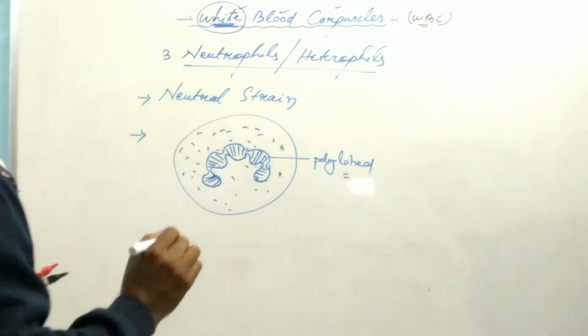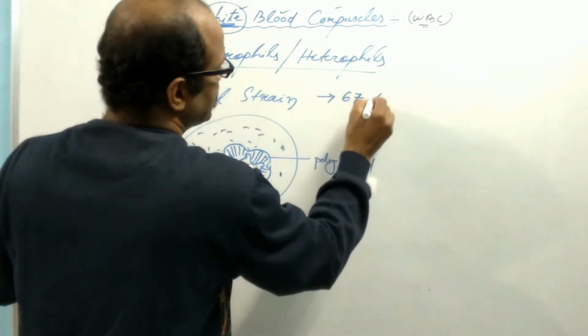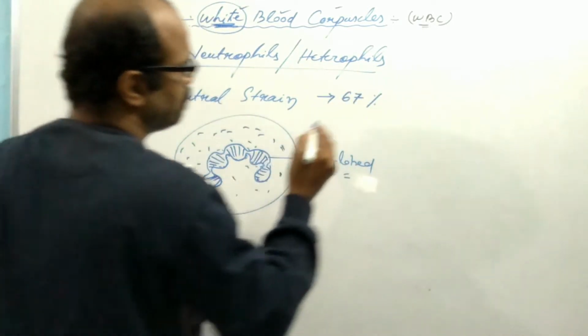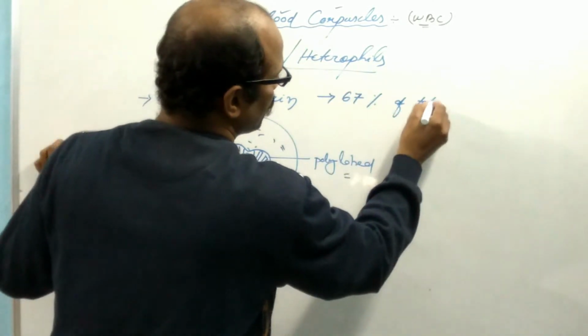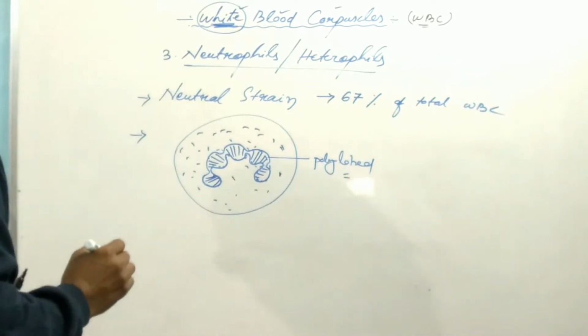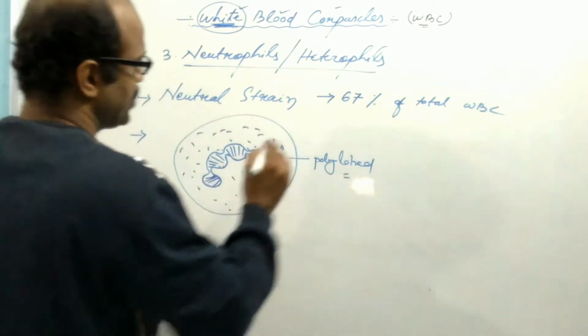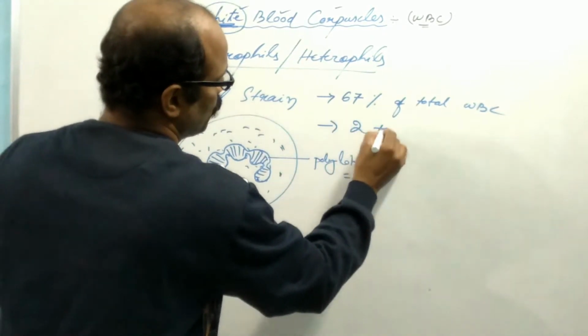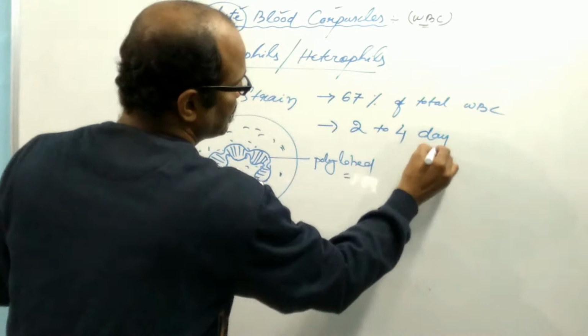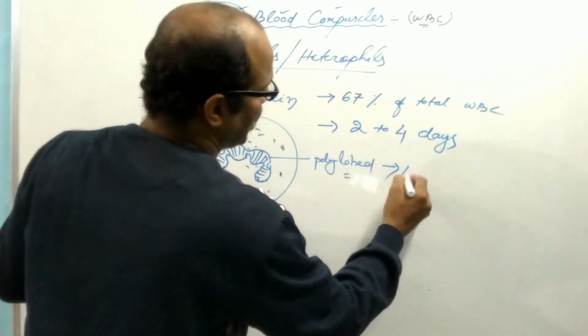Such neutrophils constitute 67% of total WBC, and the lifespan of such WBC is 2 to 4 days. These are the phagocytic cells.